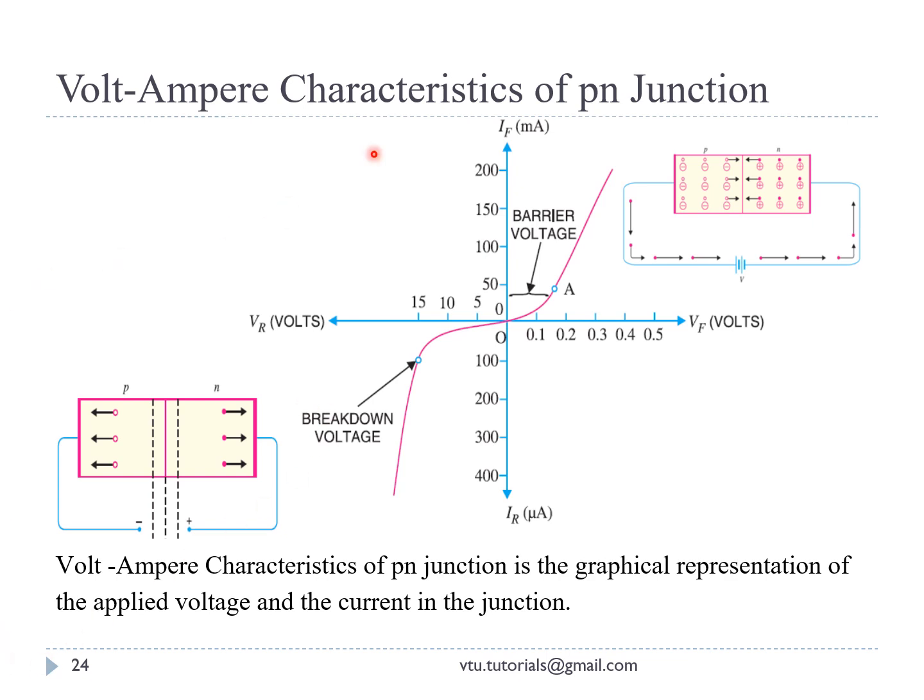In this characteristics we are going to study both the forward biased PN junction and the reverse biased PN junction representation. When you see the VI characteristics curve, the forward voltage versus the forward current is plotted. In the same way, the reverse voltage and the reverse current is plotted.